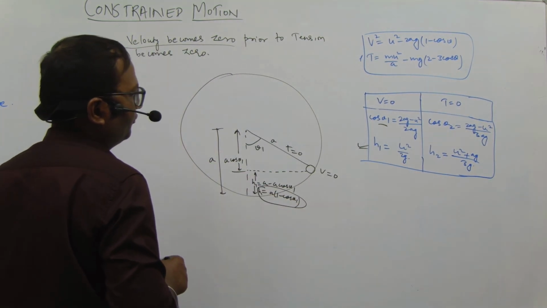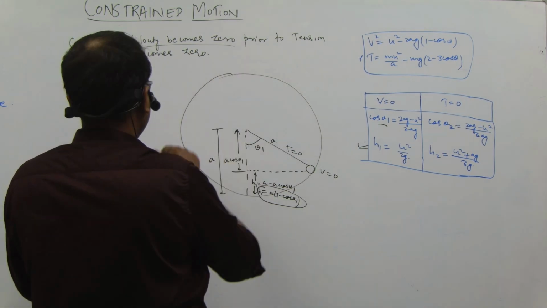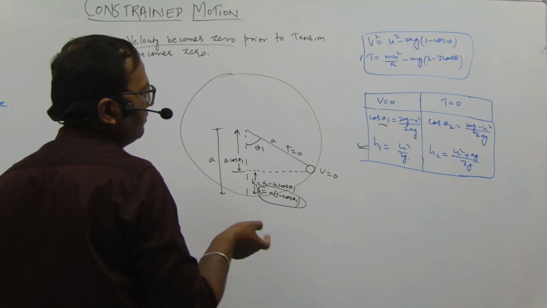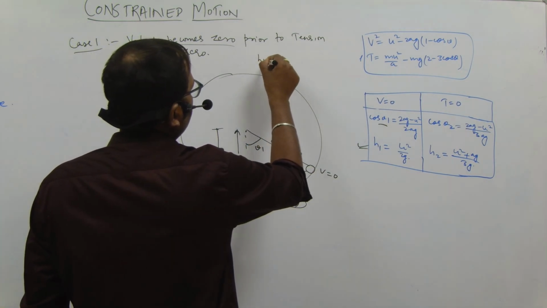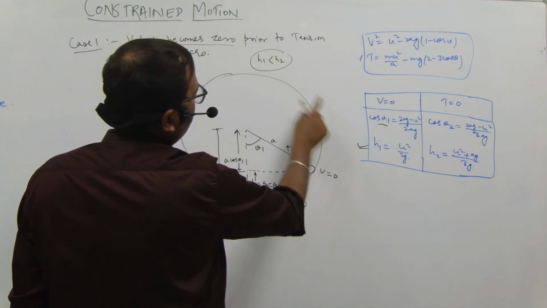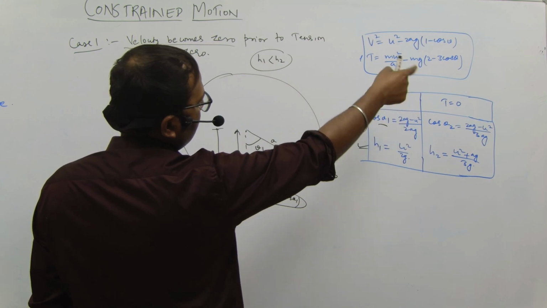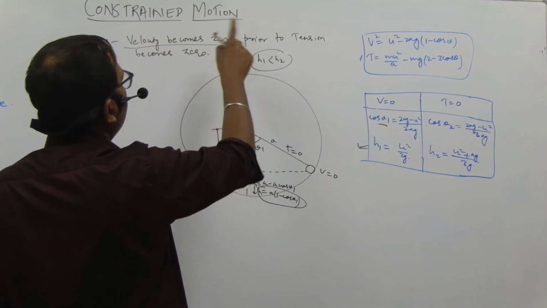Okay, so let us find the value. In this particular case, h1 will be attained prior to h2. So h1 is less than h2. h1 is the height at which velocity becomes 0, and h2 is the height at which tension becomes 0. So our case is that the velocity becomes 0 prior to the tension becoming 0.